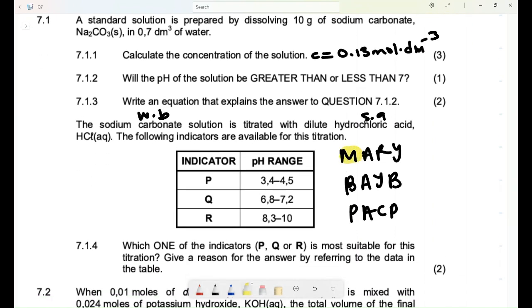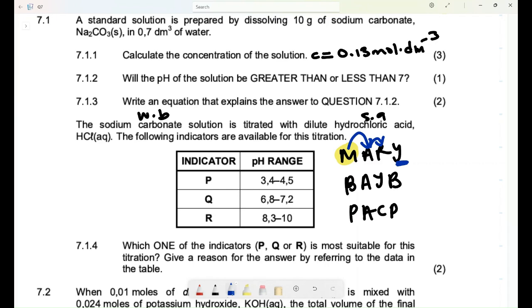For methyl orange, in acid it turns red, but in base it turns yellow.